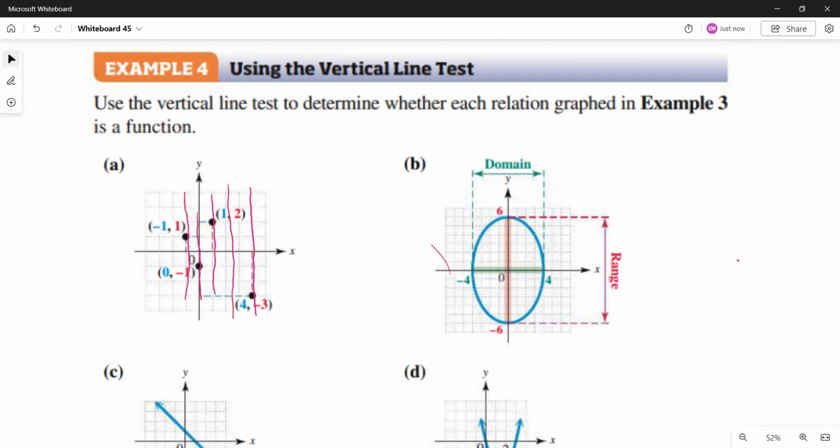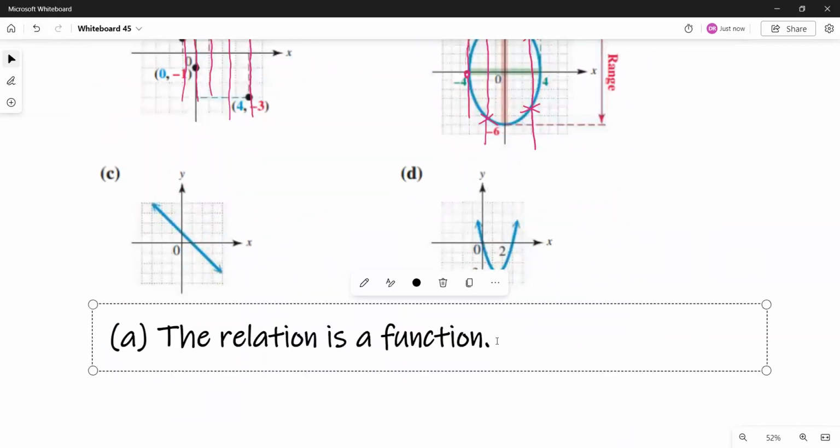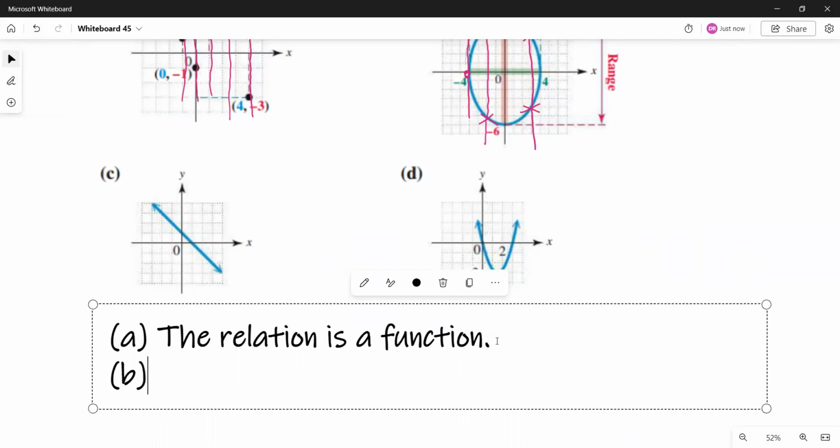But B, that one is not a function because you're going to have some vertical lines where the vertical line intersects the graph at only 1 point, but you're going to have some other cases like this one. It intersects the graph at more than 1 point. So in part B, the relation is not a function.